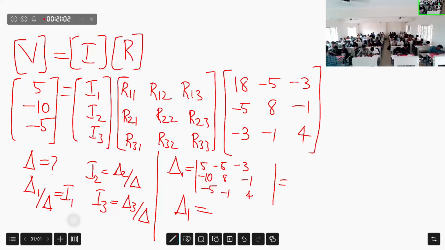So del 1 value should be minus 220. Check whether the value comes. Do you get minus 220?